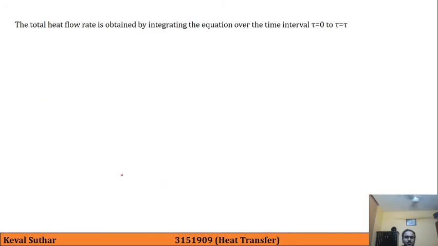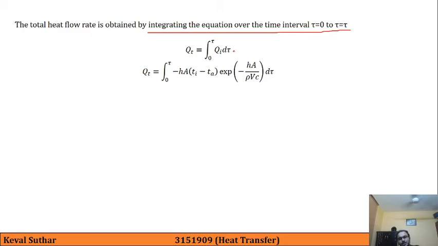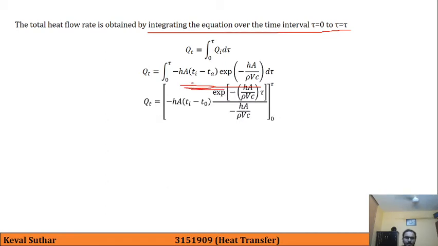Now next is total heat flow rate, which is given by integrating the equation over the time interval tau equal to 0 to tau equal to tau. So here Q total is integration of instantaneous heat transfer with the integration limits of 0 to tau. So first of all we are putting this formula, and then we are integrating it.